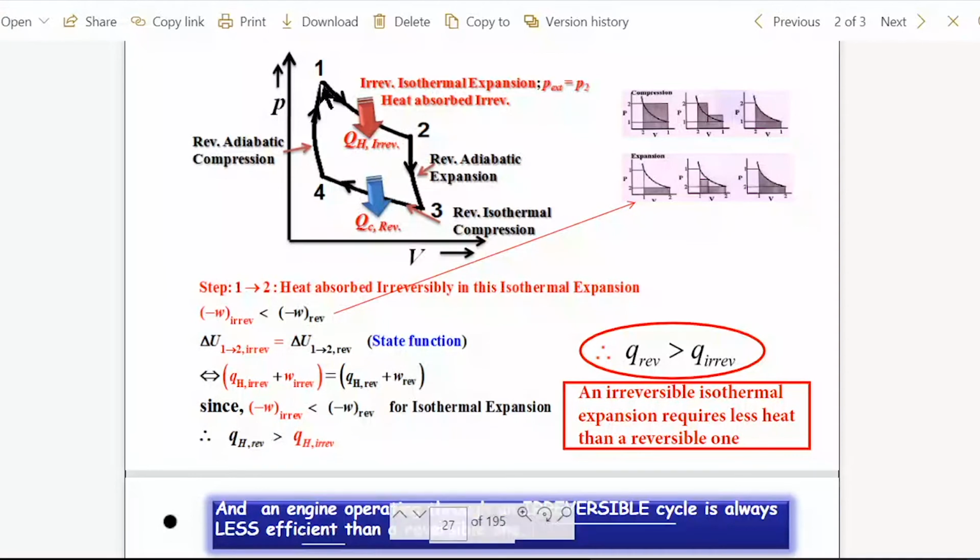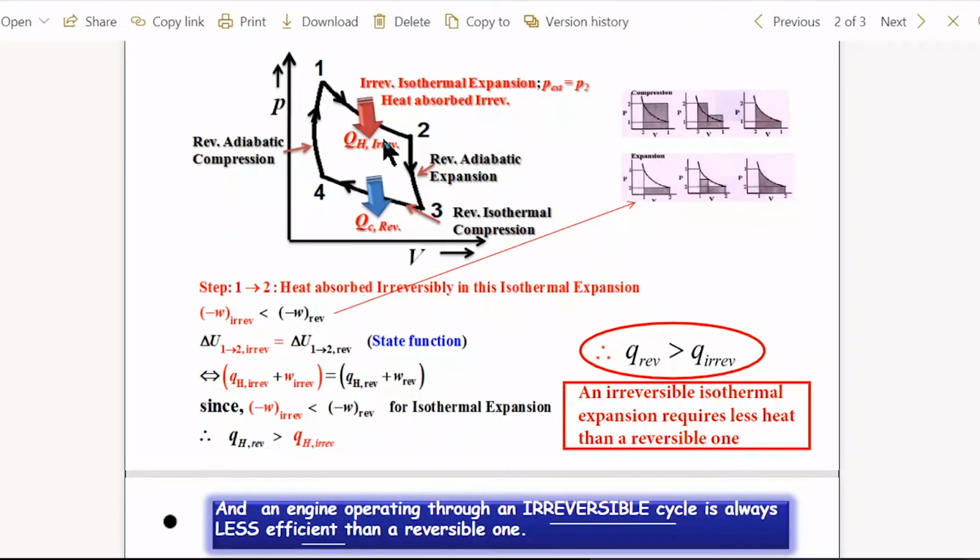And what will be my internal energy change when I go from 1 to 2 irreversibly, and what will be the internal energy change when I go from 1 to 2 reversibly? Since it's a state function, they should be equal. Yes, no change.